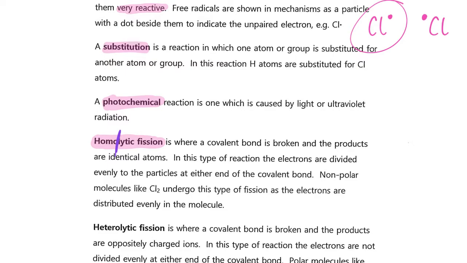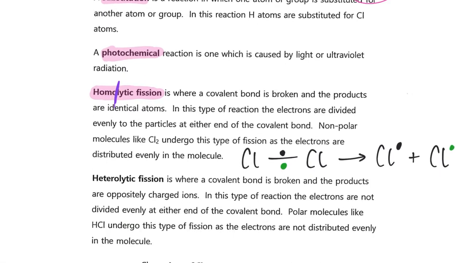In other words, the shared pair of electrons is divided equally. We'll look at this in a bit more detail at the bottom of the page, but essentially if we had a chlorine molecule with one shared pair of electrons between our chlorine atoms, each of those atoms would end up with one unpaired electron after the bond breaks.